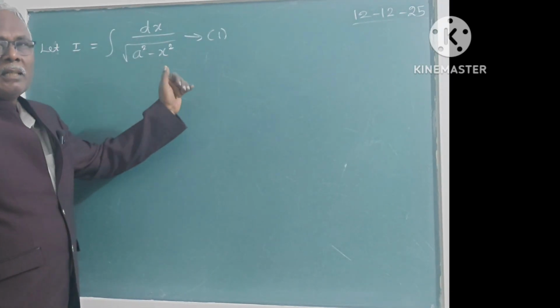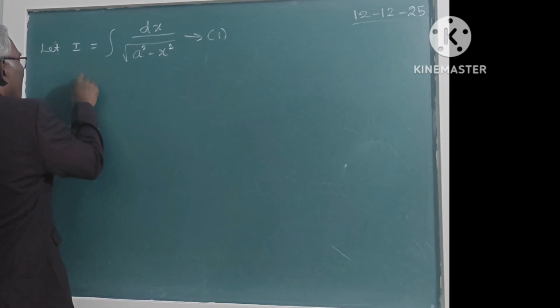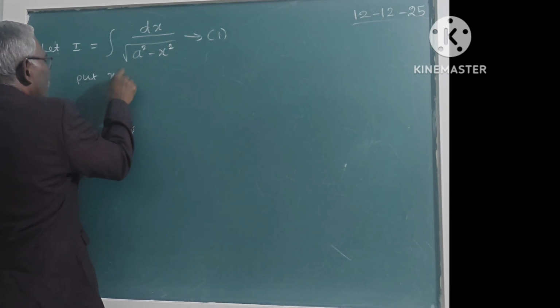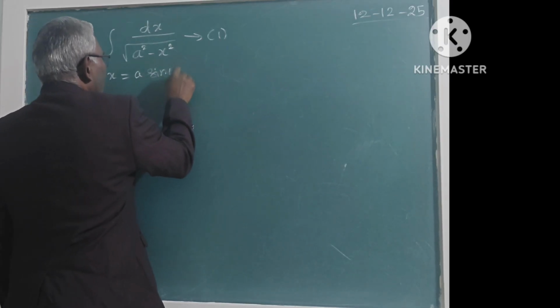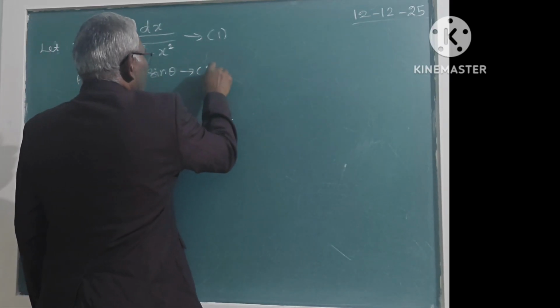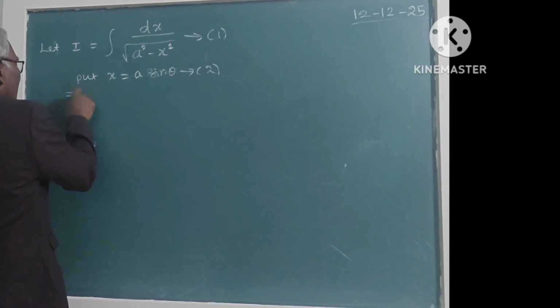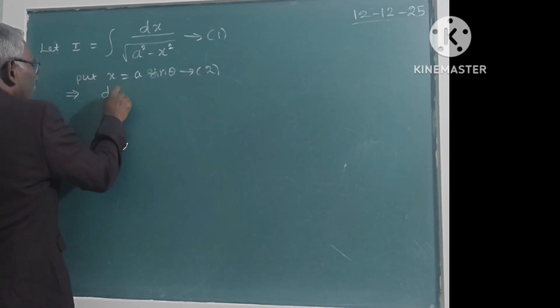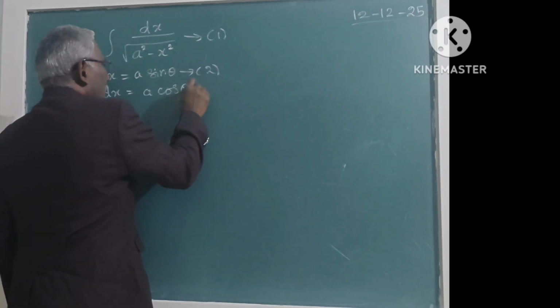That is nothing but cos square theta. So we can put x is equal to a sin theta. If we differentiate this, we will get dx is equal to a cos theta d theta.